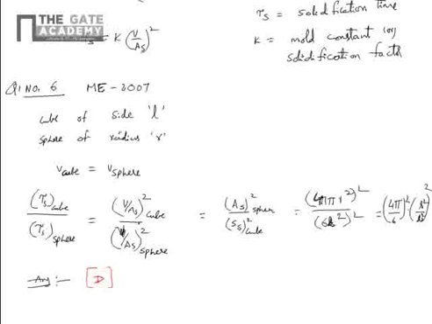Similarly, he has asked in 2006, question number 9, ME 2006. In a sand casting operation, the total liquid head is maintained constant such that it is equal to the mold height.